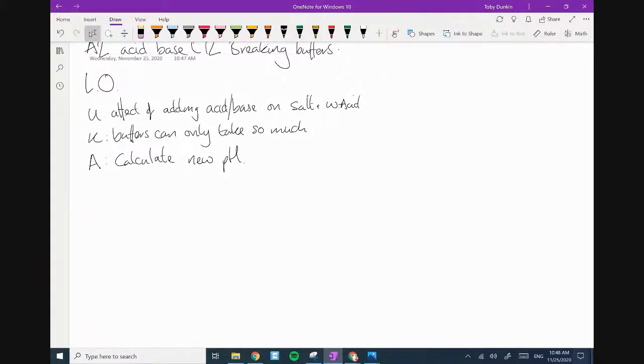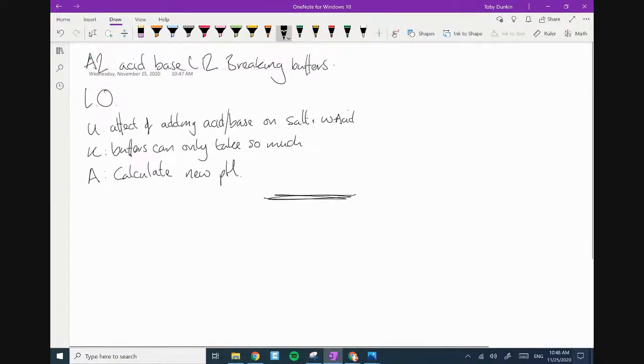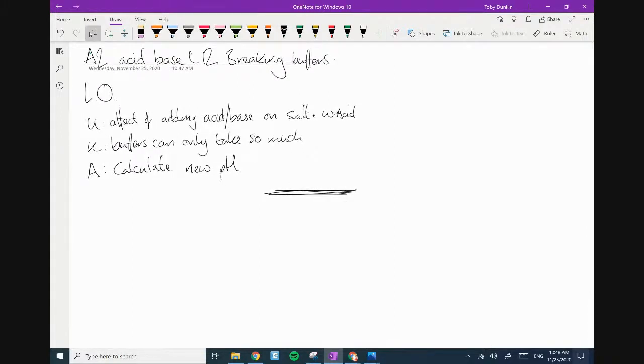Okay, before I start, because we've done 12 lessons now on acid-base, and they are done in a very, very distinct order. The reason why is because in order to move to the next calculation, you need to be able to do the previous one.